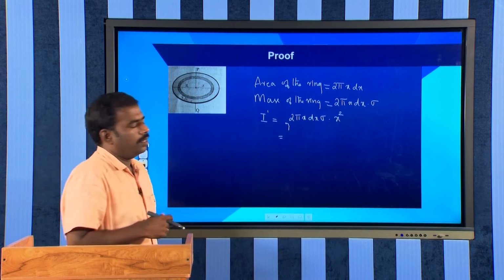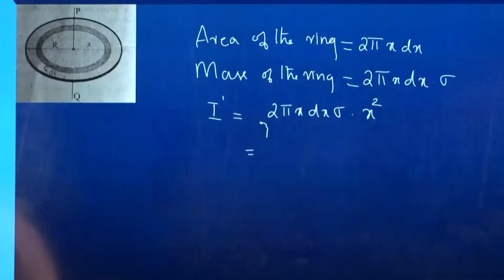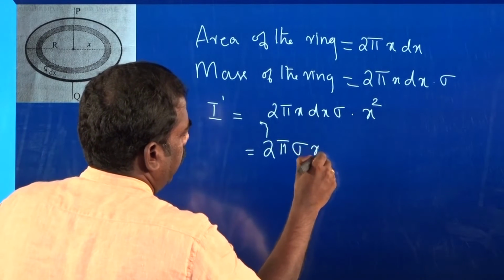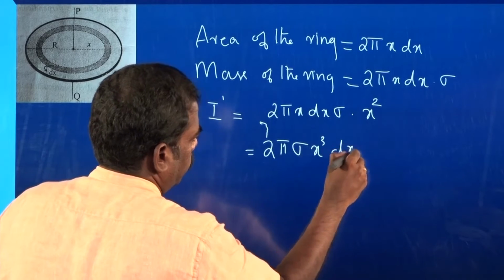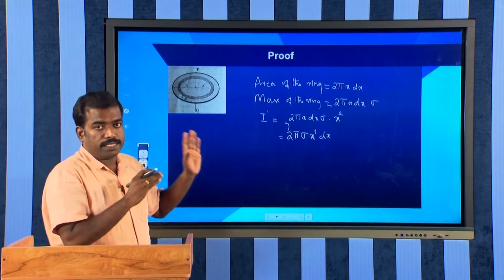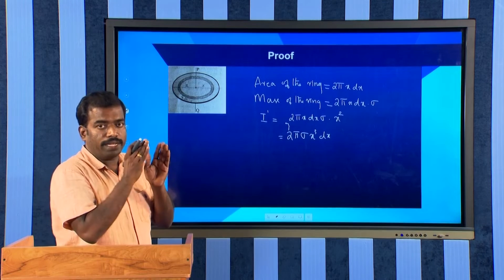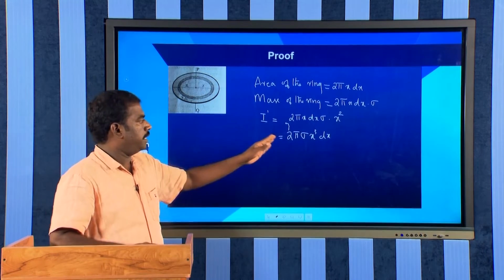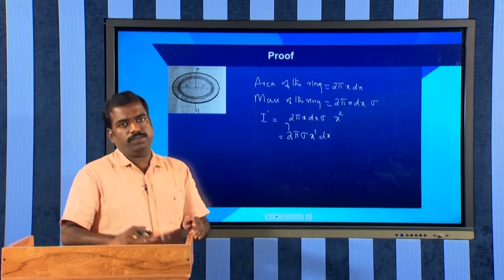So the moment of inertia is 2 pi sigma x cube dx. This is the moment of inertia of the ring at a distance of x from PQ.